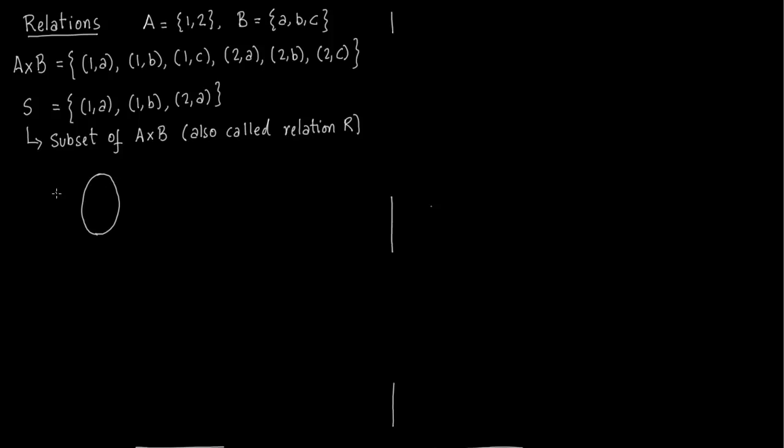Now let us represent the relation diagrammatically. So we have set A here and we have set B here. Set A has two elements, 1 and 2. Set B has three elements, a, b, and c.